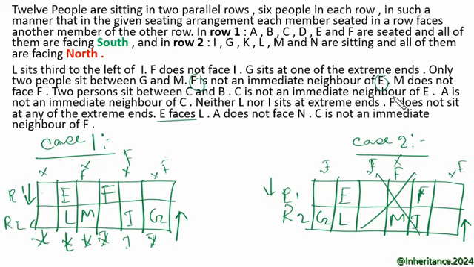C is not an immediate neighbor of E, and A is not an immediate neighbor of C, so neither A nor E can sit next to C. C is not an immediate neighbor of F, so C cannot be here also. C is not at any of these positions, so C must be here. And two persons sit between C and B, so B has to be there.